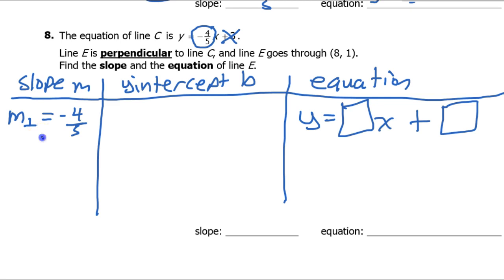So if a perpendicular line has the slope -4/5, what's the actual slope that I'm going to use? 5/4. It's going to be 5/4, right? There's two words, opposite and reciprocal.